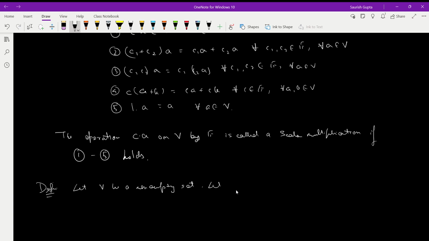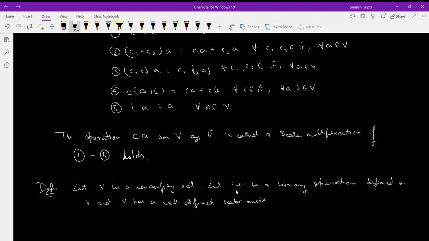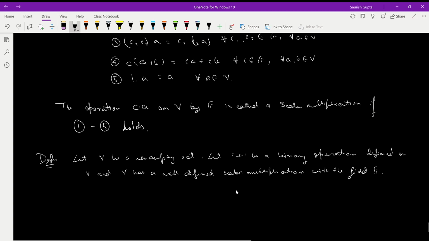Let plus be a binary operation defined on V, and V has a well-defined scalar multiplication with the field F. Then this non-empty set V along with this field F, denoted V over F, along with this binary operation plus, is called a vector space.